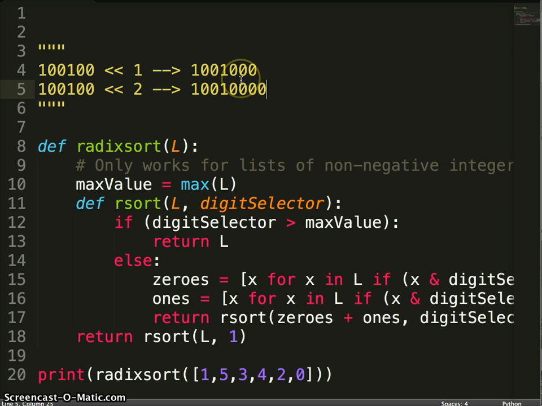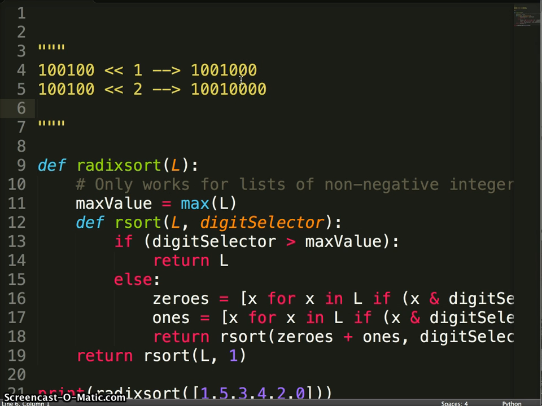Now, secondarily, we can also do something which is the AND operator. So let's say I do 100100 AND 100. This will essentially compare each bit in the same digit place and say if they're both 1, it'll be 1. If they're not both 1, then it'll be 0.